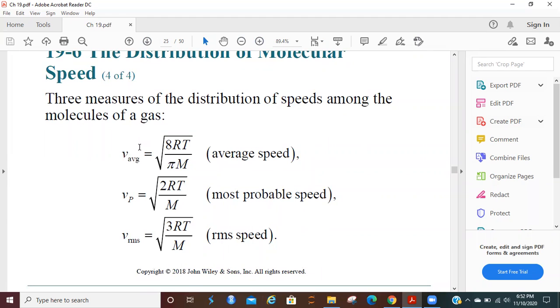You've got three measures of distributions of speeds among the molecules. You've got the average speed. You're going to have the most probable speed, mode, if you will, and then you're going to have the root mean square speed, which is represented by this, which is the same formula as what we had before.